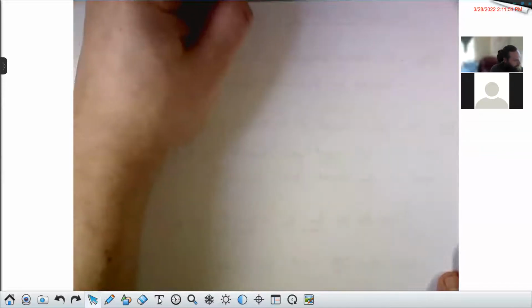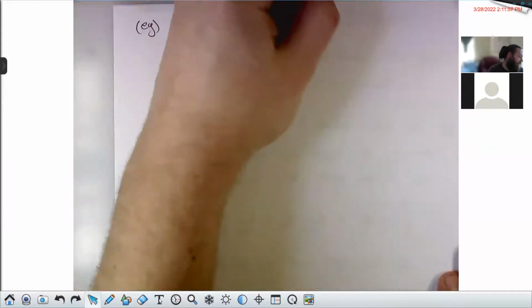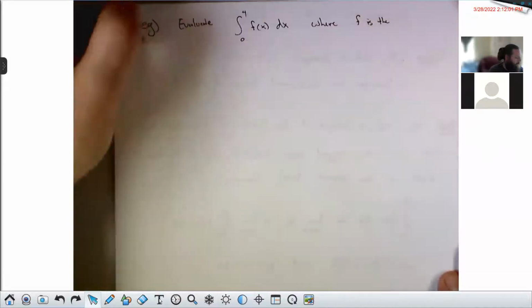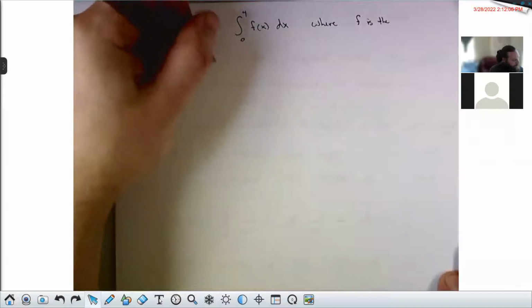Let's evaluate the integral from 0 to 4 of f of x dx, where f is the function graphed below.